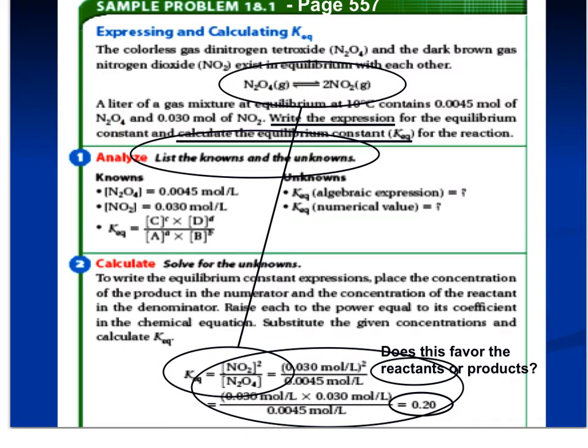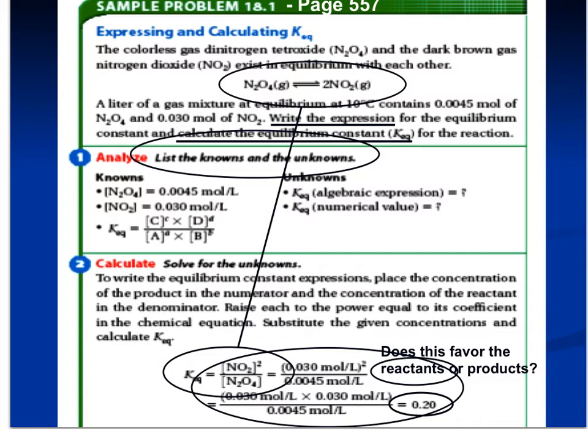If we go ahead and set up our equilibrium expression, it'll look something like this. Our KEQ: our nitrogen dioxide is our product, so that's why it's going on the top. Notice up here it has that coefficient of 2, so that's why it's being raised to the power of 2. Then our reactant is our dinitrogen tetraoxide. It goes on the bottom. There's no coefficient there, so that's just raised to the power of 1.